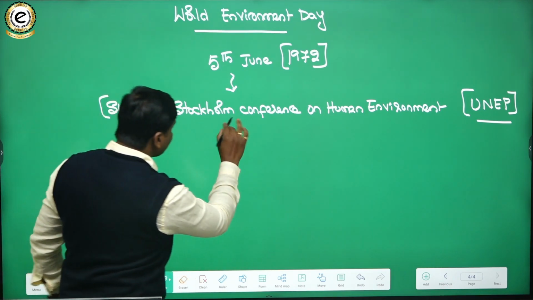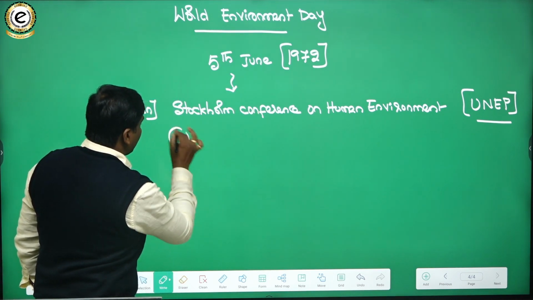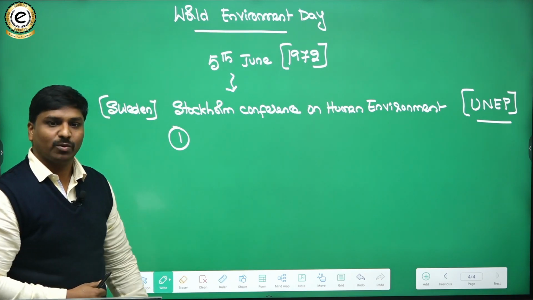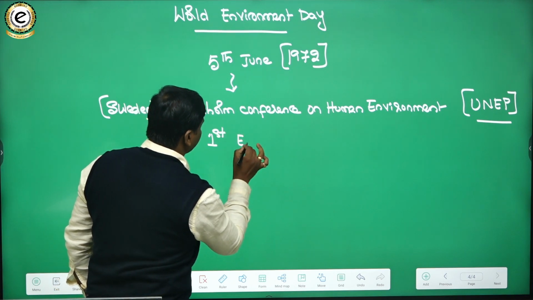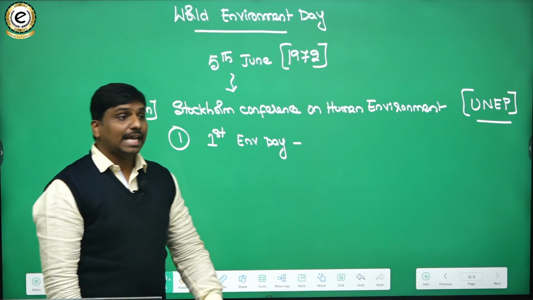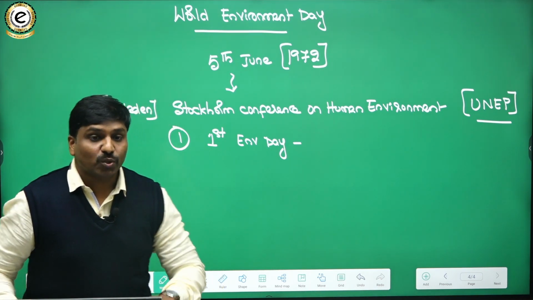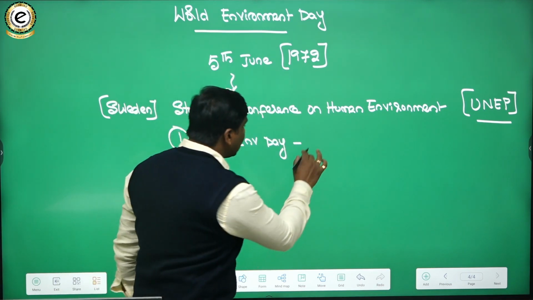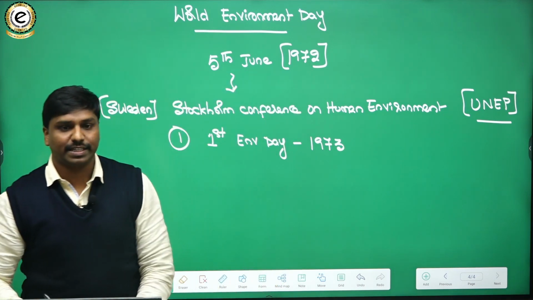And then, when was the world's first Environment Day celebrated? At the international level, the first Environment Day was celebrated in the year 1973, to commemorate this meeting, and from 1973 onwards we have been celebrating World Environment Day.